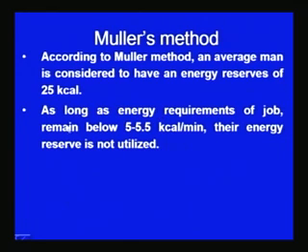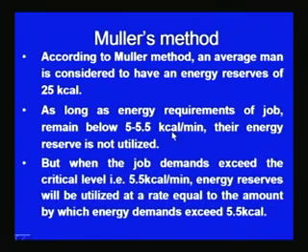So, as long as the energy requirement of the job is below 5.5 kilocalorie per minute, these energy reserves are not used. They are used only when the energy cost of the work to be done by the worker goes above 5 to 5.5 kilocalorie per minute.